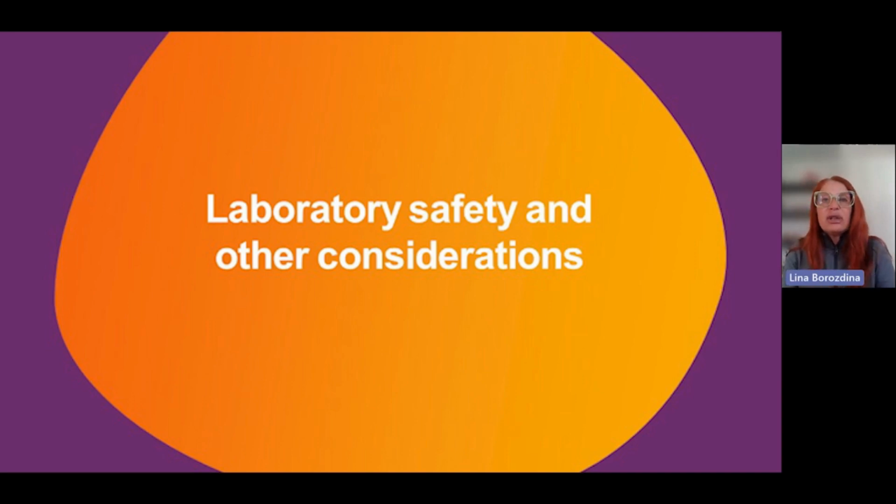It is really, really important because the reagents that you work with are hazardous, they're flammable, they're explosive, and they're carcinogenic, some of them. So lab safety is paramount. Before you even start setting up the lab, you need to clear some hurdles or set some things in place before starting the process.